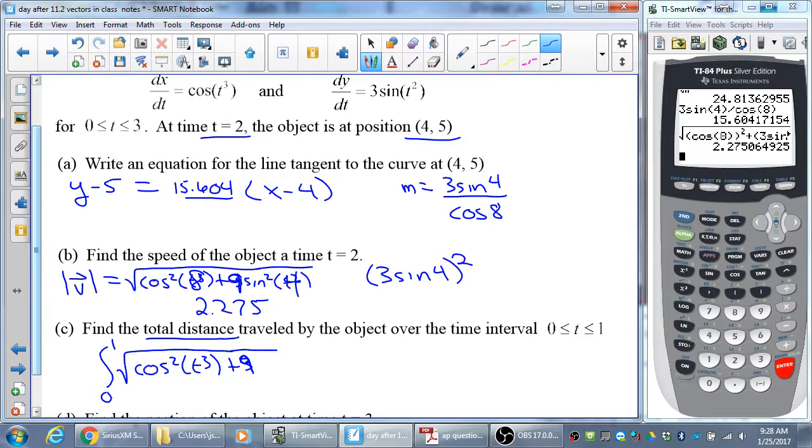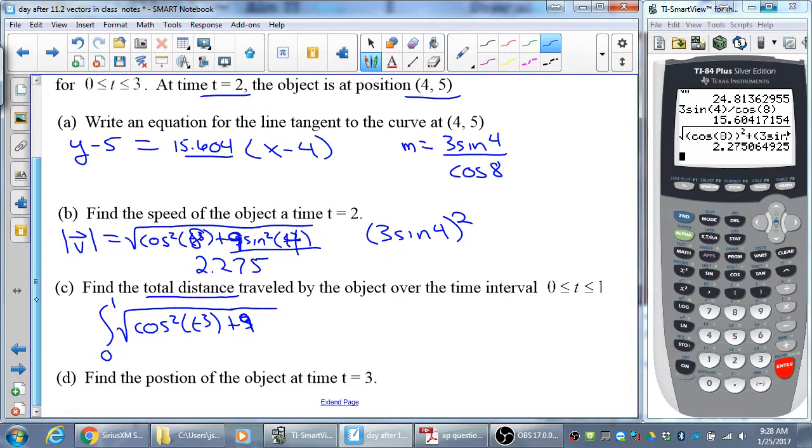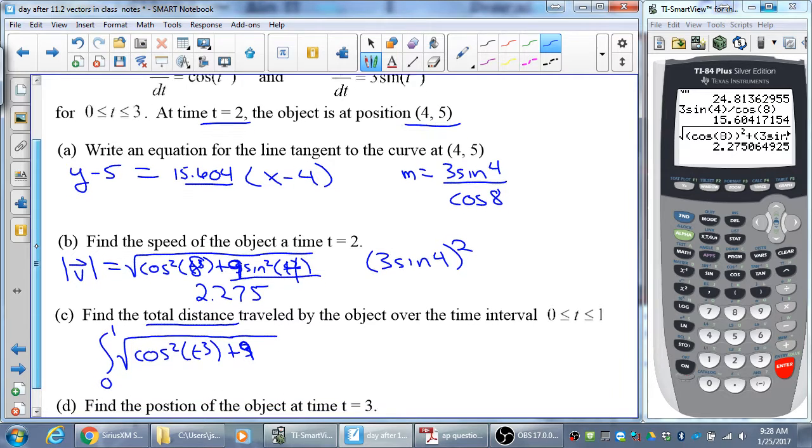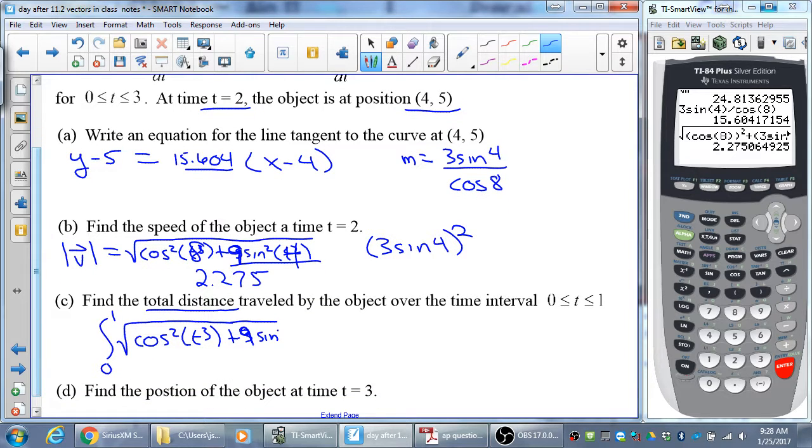If I write it as sine squared, I forgot to square the 3, even though I actually was okay when I did it on the calculator. Everybody understand? I don't want to confuse you. Everybody okay with that? Okay. So now if I'm going to write it with this notation, I need to make sure I put a 9 there. And it's going to be sine squared of t squared dt.